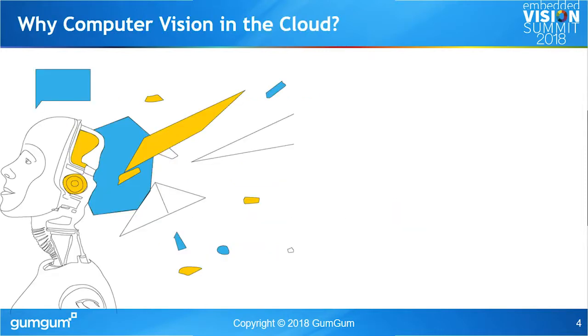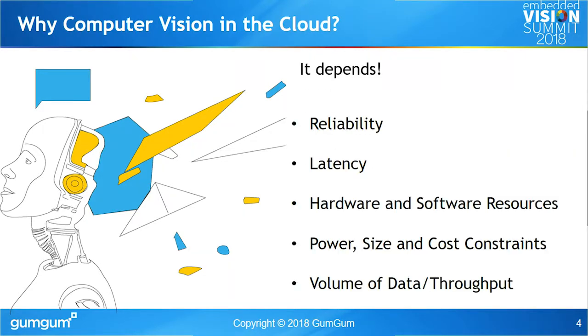So we've been talking about solutions in the cloud versus at the edge. And by now, all of us know that the answer to this question is really not binary. It depends on a lot of parameters that we care about. So let's talk about hardware reliability. Unlike at the edge, it is your cloud service provider's responsibility to maintain and provide continually reliable hardware.